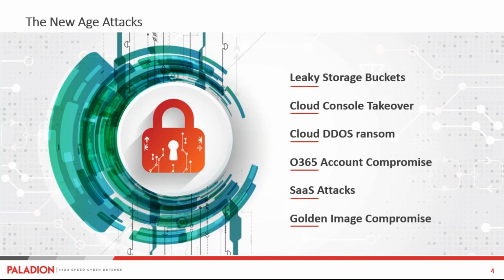Today, DevOps is pretty common, and if you see an attacker compromising a golden image in a Docker repository, that can lead to the entire repository getting compromised. So we'll take some examples of these attacks and see what were the reasons for those breaches. And moving on, we'll talk about some of the detection techniques.